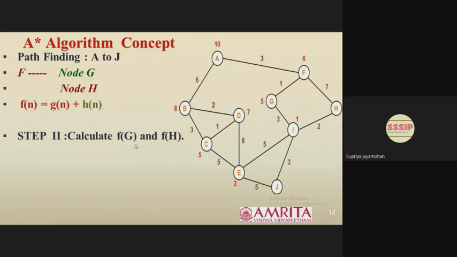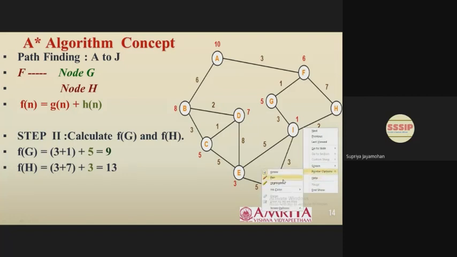So for f of G, it is going to be 3 plus 1. To reach from A to G, it takes 3 plus 1, and the heuristic value is the value represented at the node, it is 5, so it is going to be 9. And if we go for the other value, it is going to be 3 plus 7, and the heuristic value at H is 3.